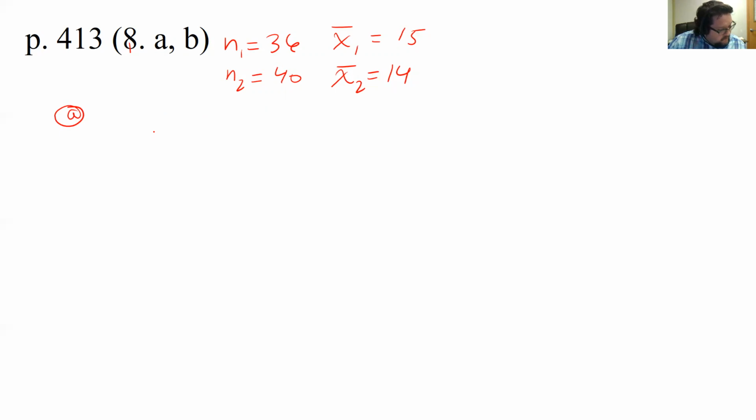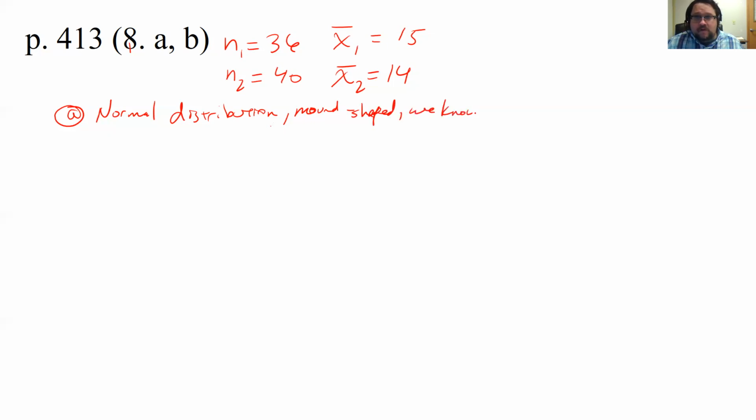X1 follows, explain. So this is a normal distribution. They're mound shaped. The original population, we know sigma 1 and sigma 2.